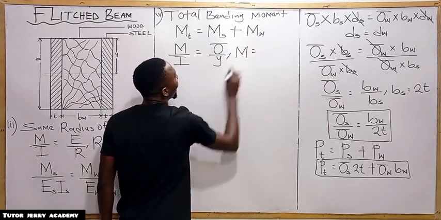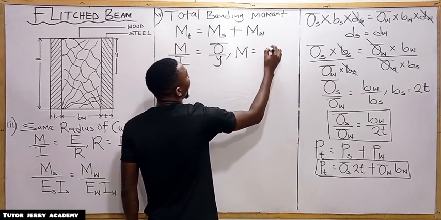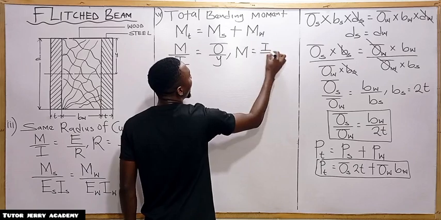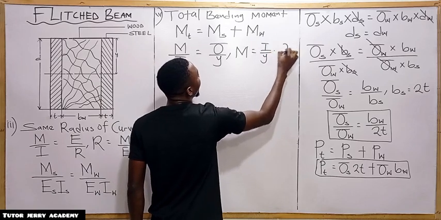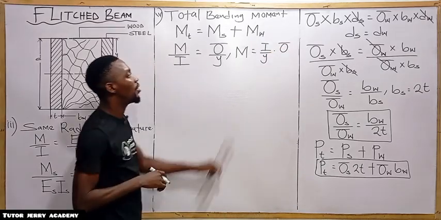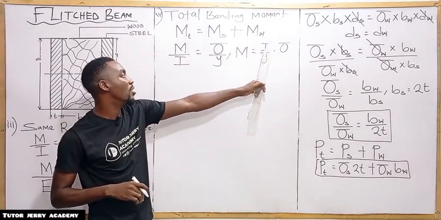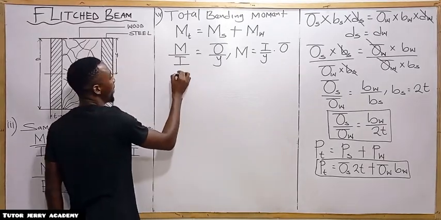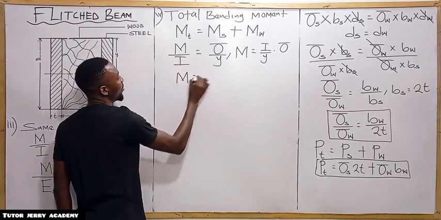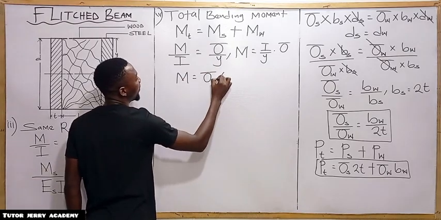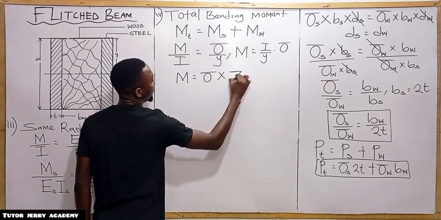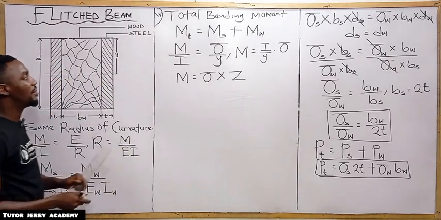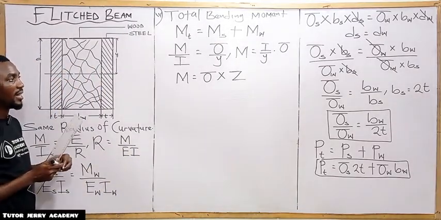So we can write M to be equal to I over Y, then multiply by stress. You are going to recall that our Z is nothing but I over Y. So we can say that M is equal to stress multiplied by Z. That is the first thing you need to take note of there.